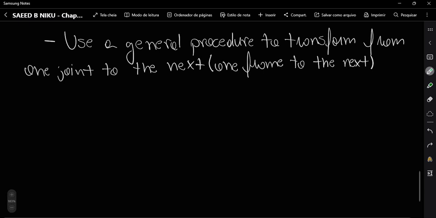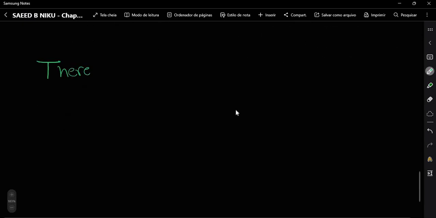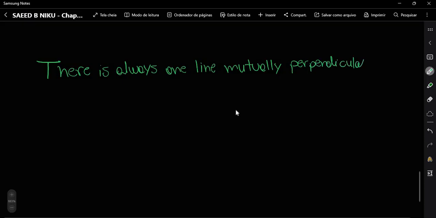There is always one line mutually perpendicular to any skew line, and this is called the common normal.